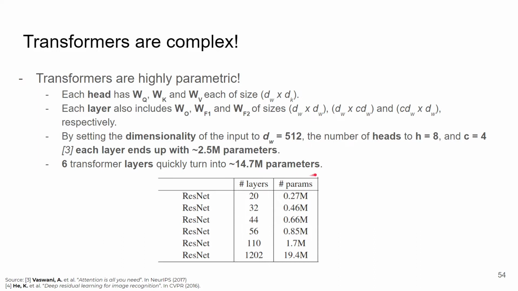For the sake of comparison, here in this table we have a very commonly used convolutional architecture, which is the ResNet. And when it has 1,000 layers, we're going to have 19 million parameters, which is almost there. Computer vision transformers are going to have this be much higher. So we're going to very quickly scale up to a lot of parameters.